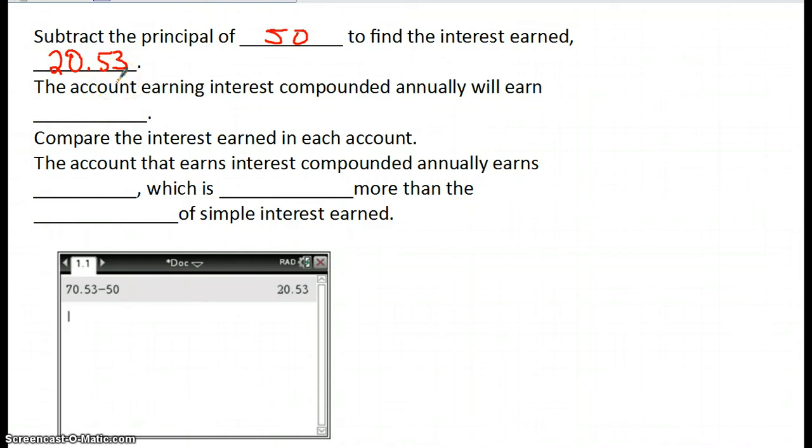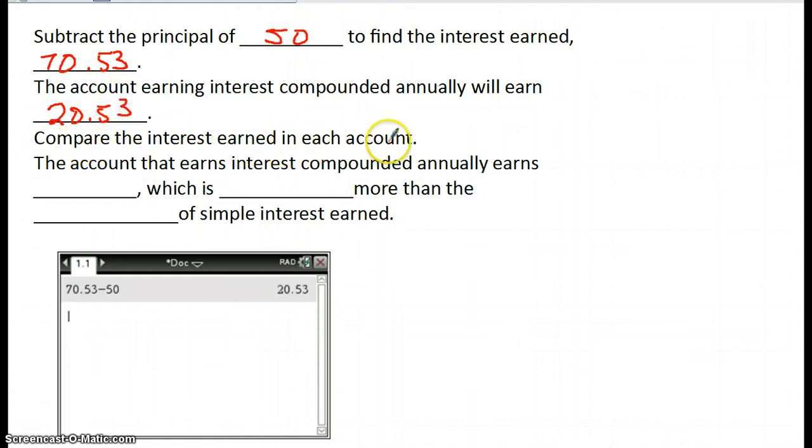Let's, how do I want to do this to make it a little clearer? So let's go back here and let's put $70.53 there, if you don't mind. So we subtract 50 from that. Yeah, let's go at $20.53.